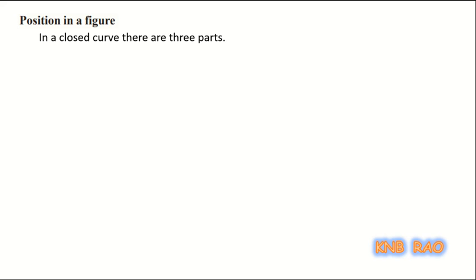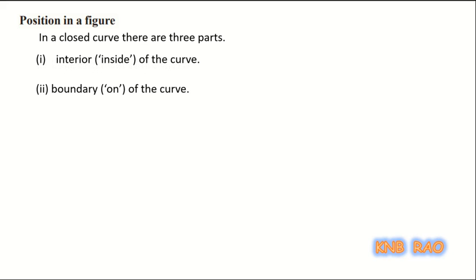Okay, children. In a closed curve, there are three parts. First part is the interior of the curve, that closed curve, which we normally call inside. Second, the boundary of the curve, which we say normally on the curve.